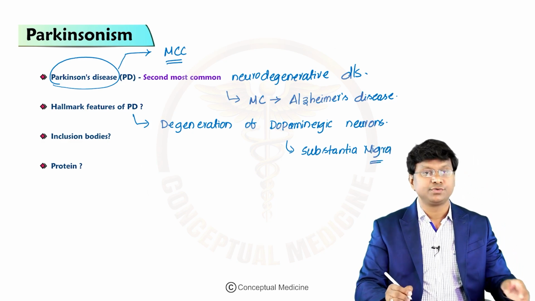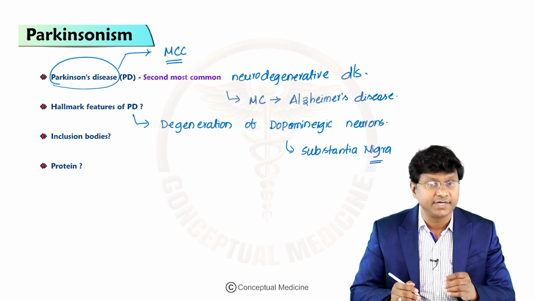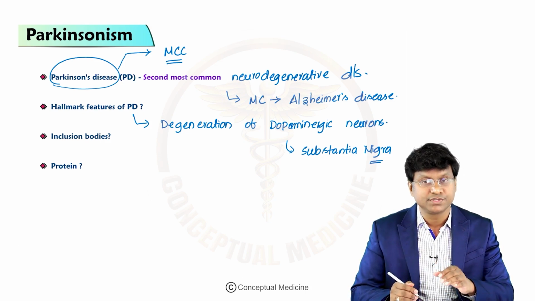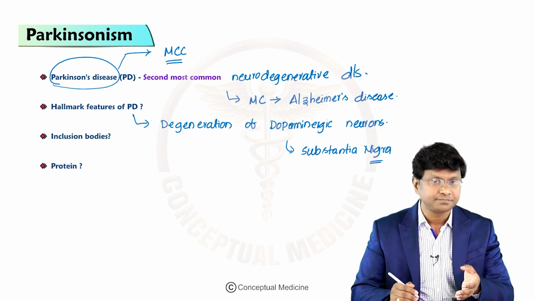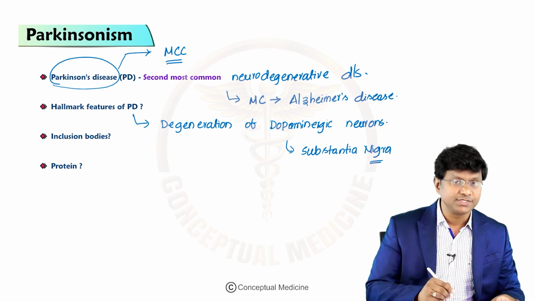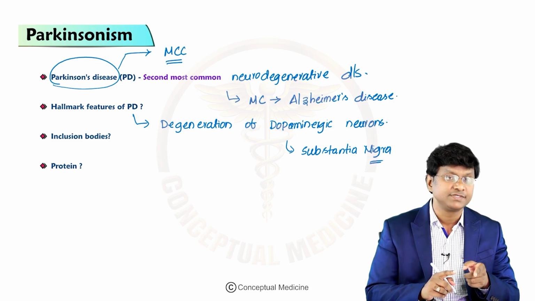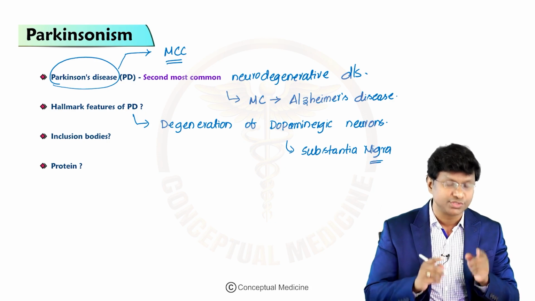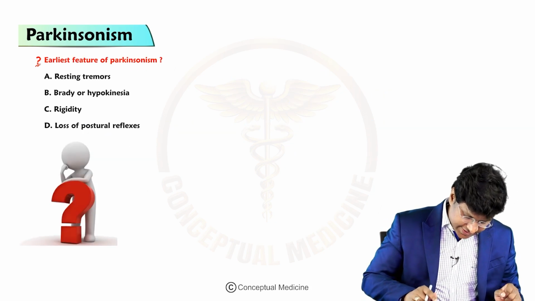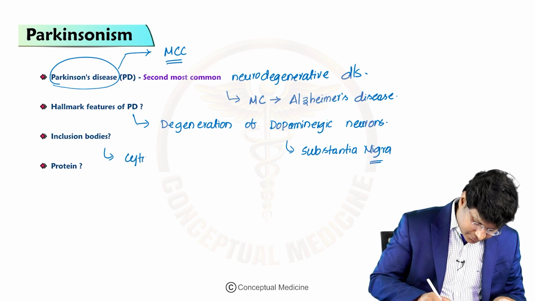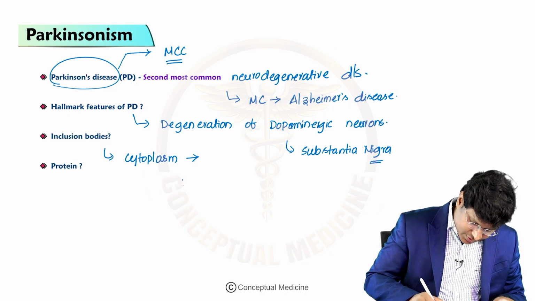Right, these dopaminergic neurons are present within the substantia nigra pars compacta, due to which there will be reduced striatal dopamine. And in these individuals, within the neurons, that is within the cytoplasm, you have the presence of proteinaceous inclusions.